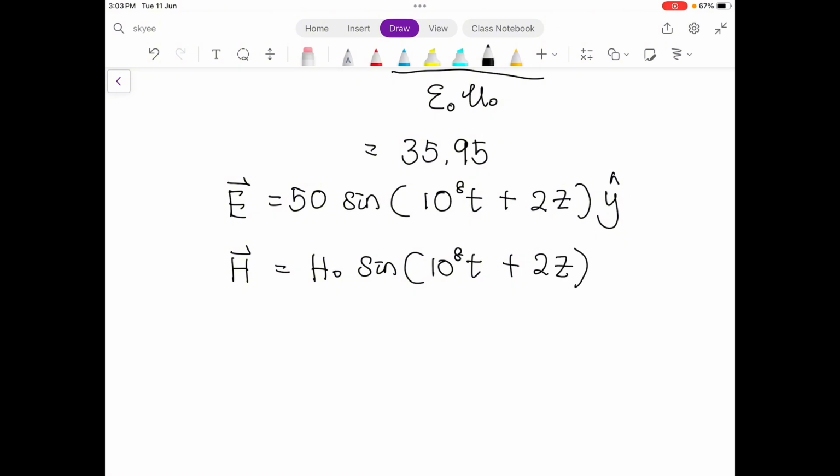This part is the same for both the electric and magnetic field, and the direction we need to define.